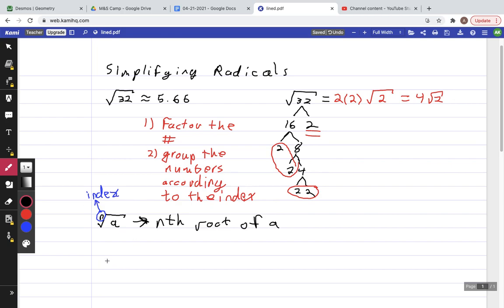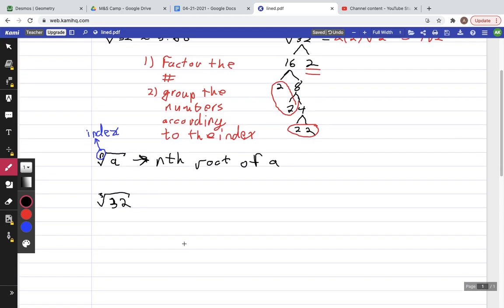Okay, let's continue with 32. Not the square root of 32, let's change it, but let's keep 32. Let's say we want to know what the third root, or the cubed root of 32 is. Okay, again, we're going to factor this down.